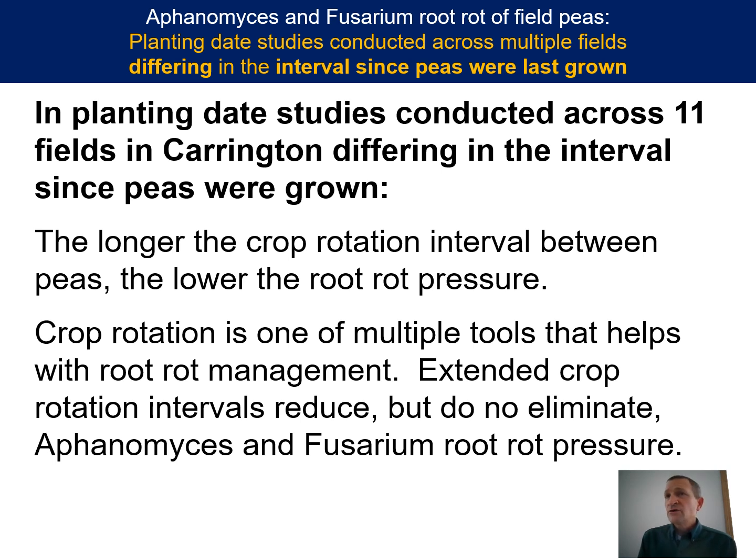And what we learned from these studies was that the longer the crop rotation interval between peas, the lower the root rot pressure, just like we saw in our long-term crop rotation studies. And we also learned the exact same thing we saw in the other study, that crop rotation is one of multiple tools that helps with root rot management. We can't rely on crop rotation alone, but crop rotation certainly helps us, and it gives us more flexibility in terms of the execution of our other tools.